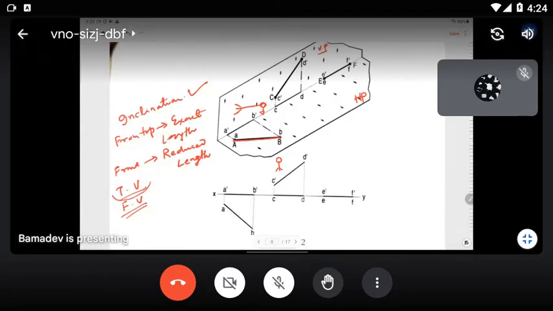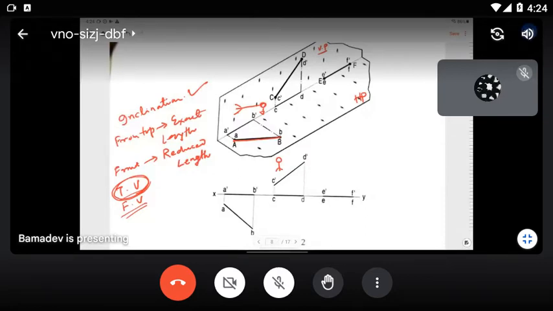You will draw the top view first because we have the exact length and you know the inclination. And from the top view, you will adopt the principle of orthographic projection to get the front view.